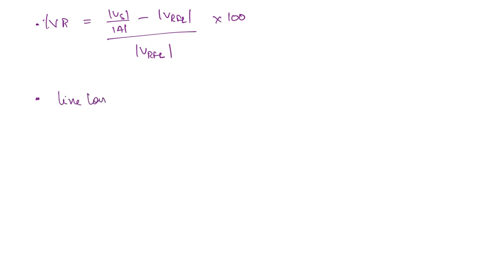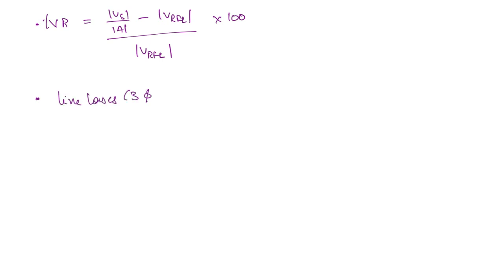Now the voltage regulation is the same, Vs by mod A minus VR full load, because this is the standard expression, right? For the short line we derived a simpler expression, but for the medium line it is the same expression only. And what about the line losses?